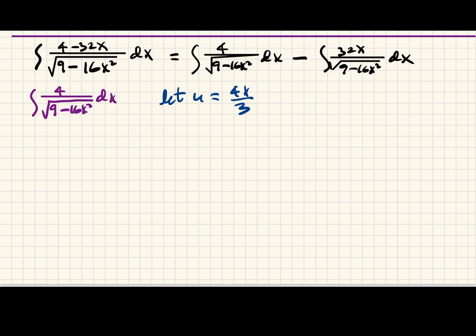okay, then let's think about this. Then 3u would be equal to 4x. And man, that's looking pretty good right there, isn't it? Because if I was to square both sides, I'd have 9u squared equal to 16x squared. Okay, now du would be 4/3 dx, and 3 du would be 4 dx.